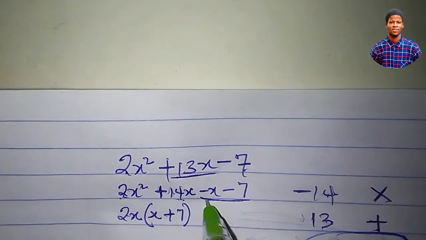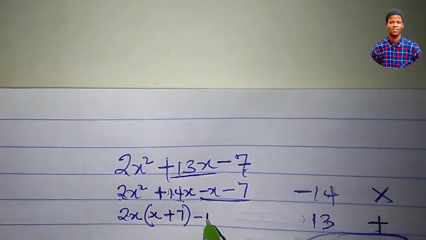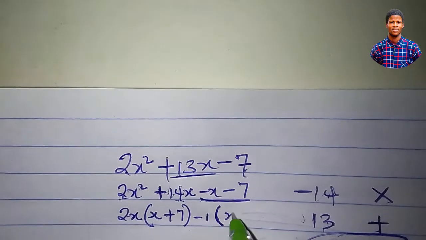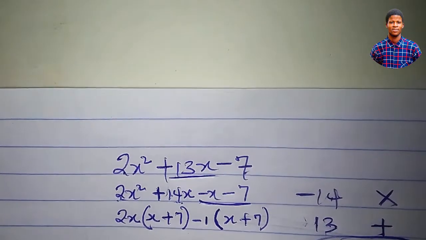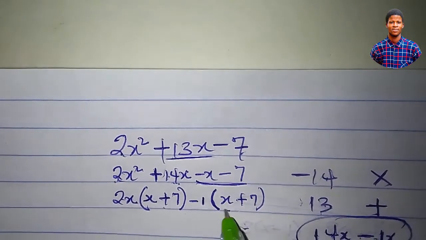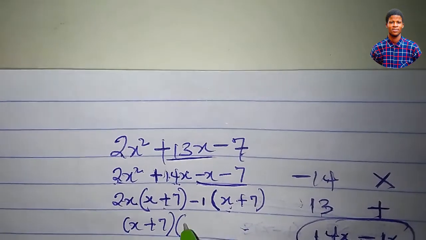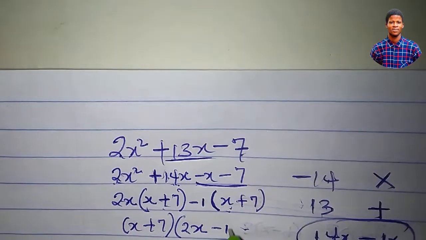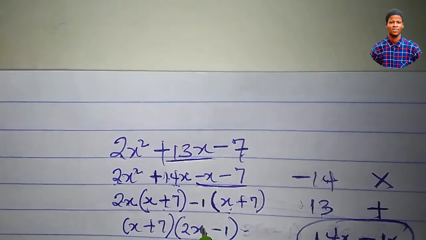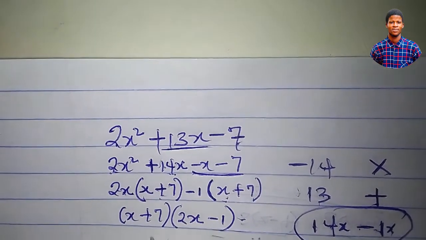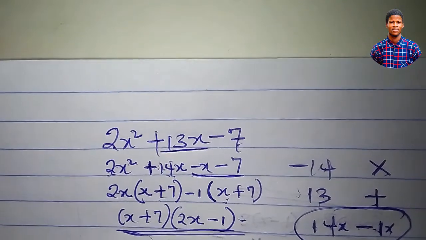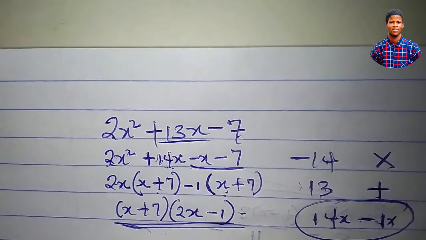What's common to these last two is minus 1. Minus 1 comes out, we'll get x plus 7. I can see that the brackets are the same. So if I pick one of them, then the other one outside will form a bracket, 2x minus 1. So I've actually factorized that expression: x plus 7 times 2x minus 1.